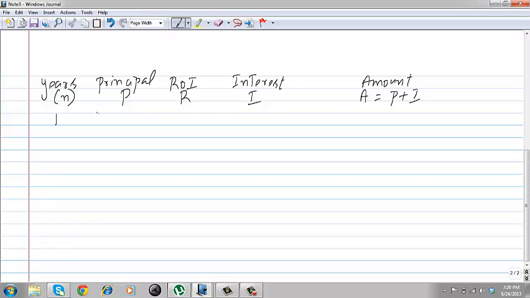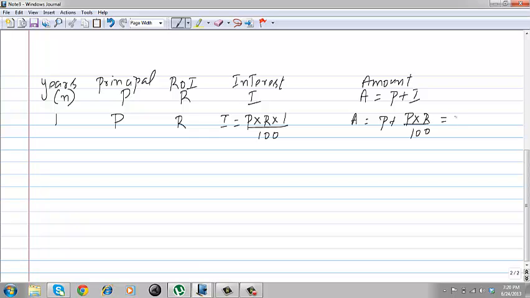Initially, in the first year, the principal would be P and the rate of interest would be R, and the interest for the first year would be P into R into 1 upon 100. At the end of the first year, the amount would be P plus this interest, which is P into R upon 100.